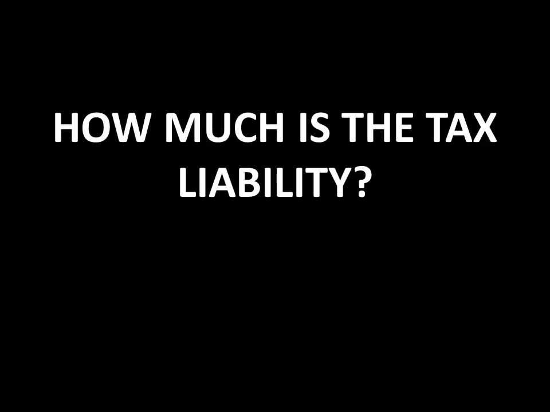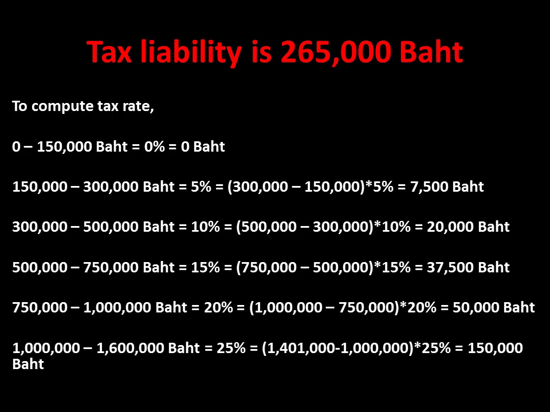How much is tax liability for Mr. John? Well, the calculation here is very easy. You just need to apply the tax rate under the Revenue Code. Thailand uses progressive tax rate. So for the first amount of money between 0 and 150,000 baht, you don't have to pay anything.